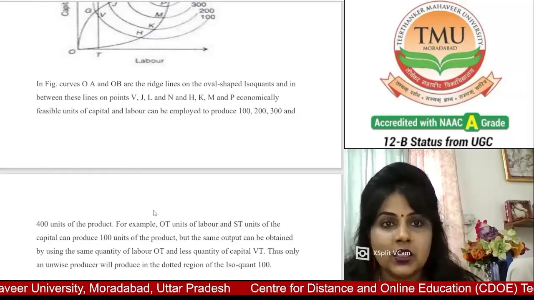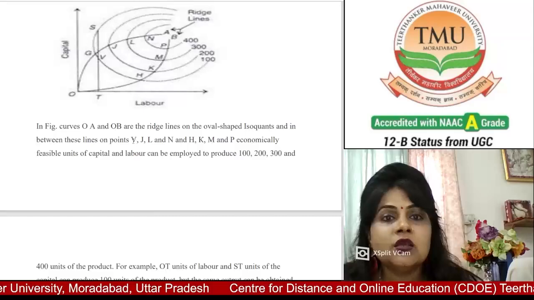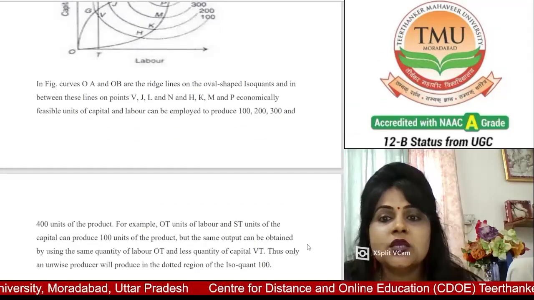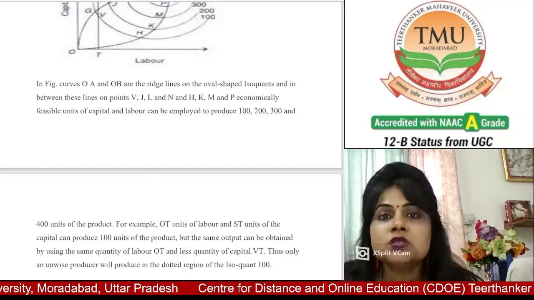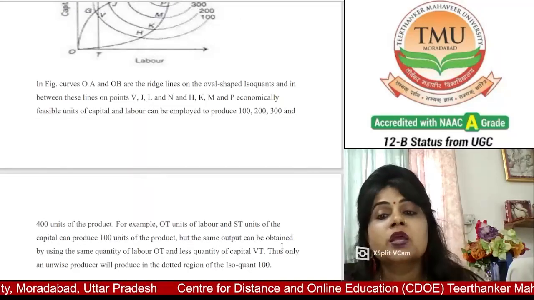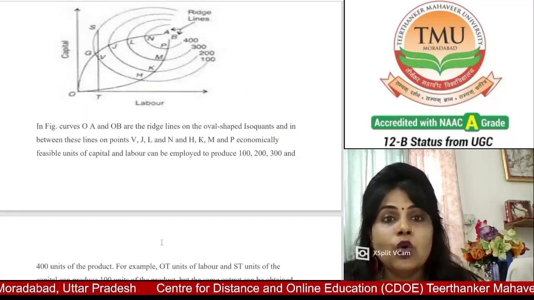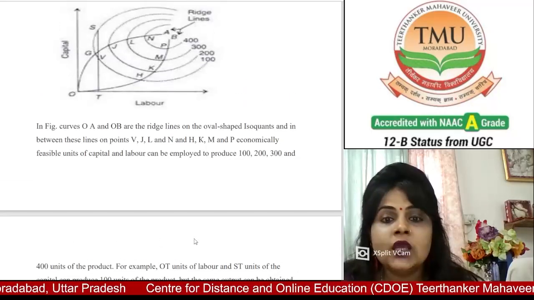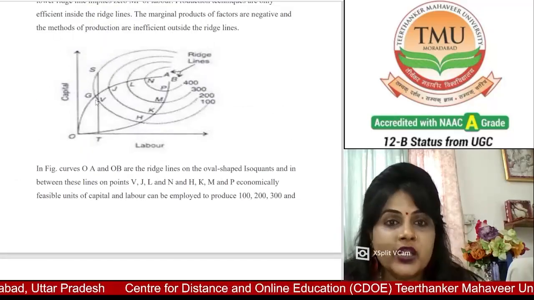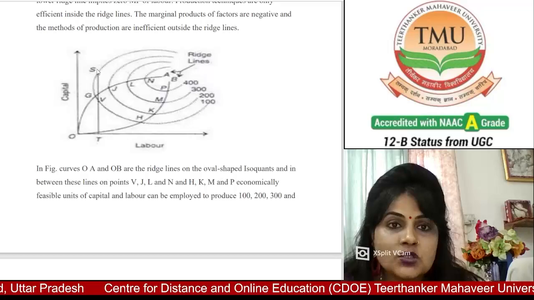For example, OT of labor and ST of capital can produce 100 units, but the same output can be obtained using the same quantity of labor OT and less capital VT. So SV is useless.